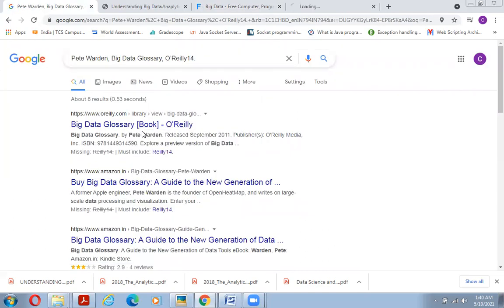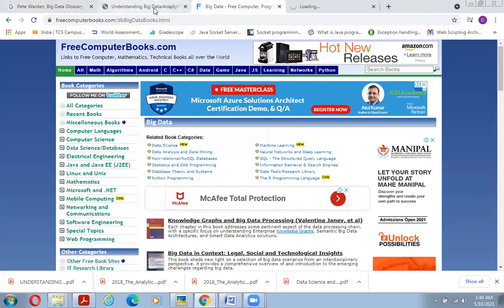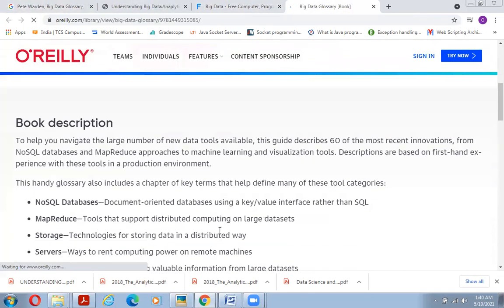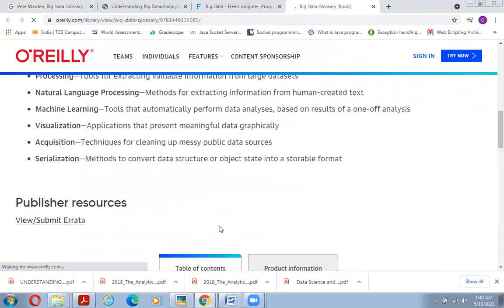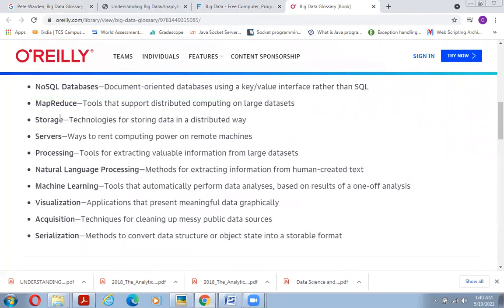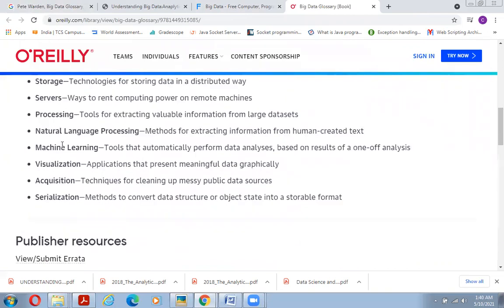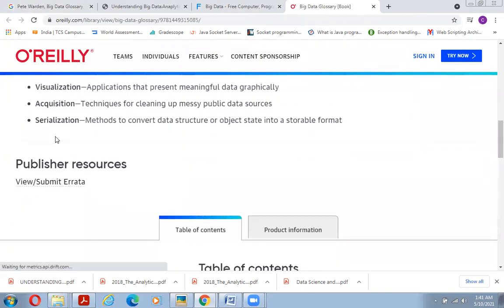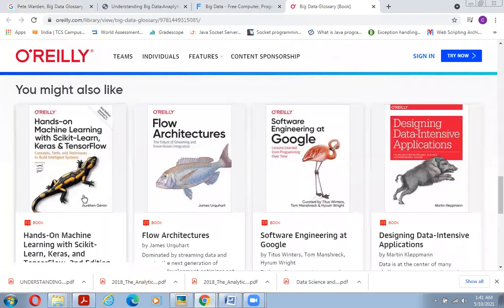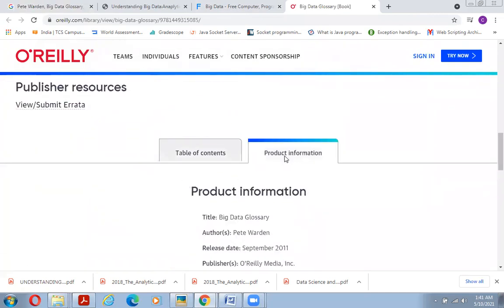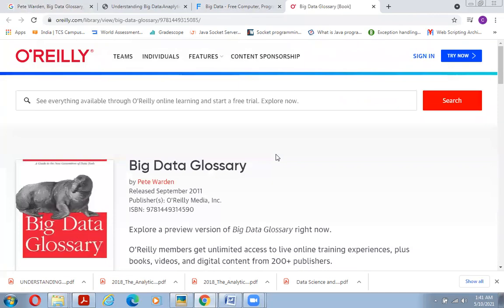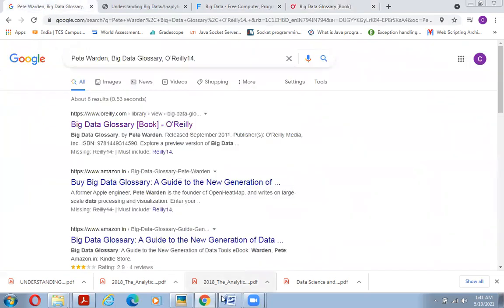See, we got this glossary book. I know we're not going to get a downloaded version of this. We need to buy those things. It covers NoSQL database, MapReduce, storage servers, NLP, machine learning, visualization, acquisition. But we now understand what the content of the book is all about.